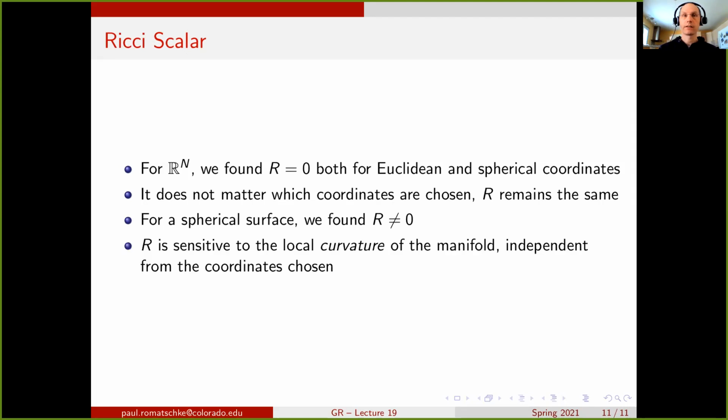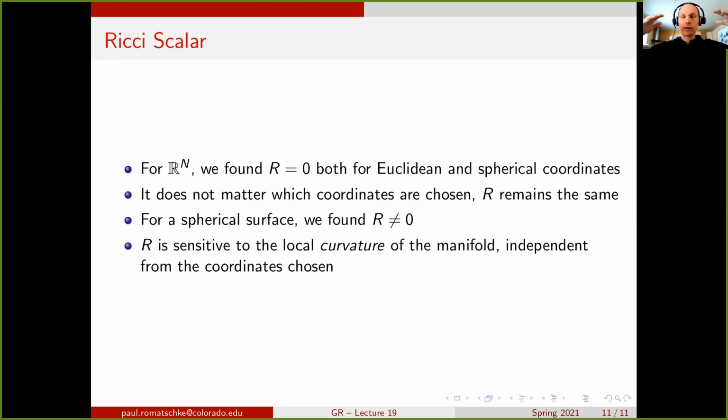So basically, the interpretation will be that R is sensitive to the local curvature of the manifold. So if you have a very, very large spherical surface, then as the radius becomes almost infinite, that surface becomes almost flat. So R goes to 0, like a flat manifold, like Rn before.